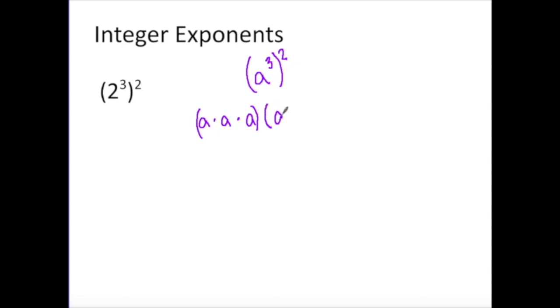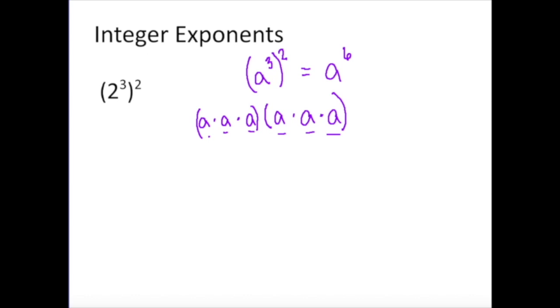So that is a times a times a, 1, 2, 3, 4, 5, 6, equals a to the 6th power, because 3 times 2 is 6. So these are very helpful strategies, but it is very, very common to forget when to use each rule. So if you forget which rule to use, don't sweat it, just expand it.